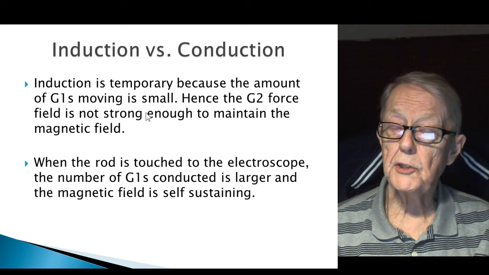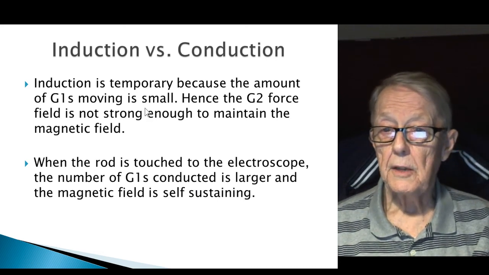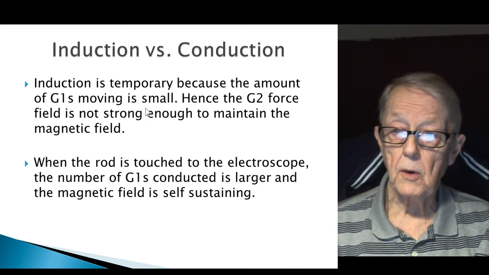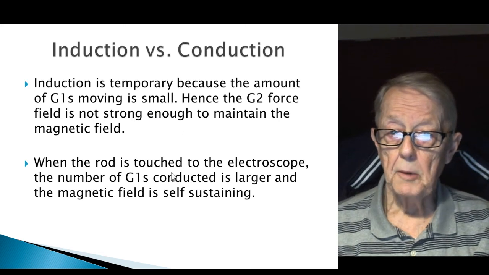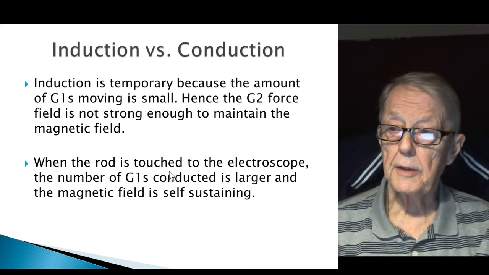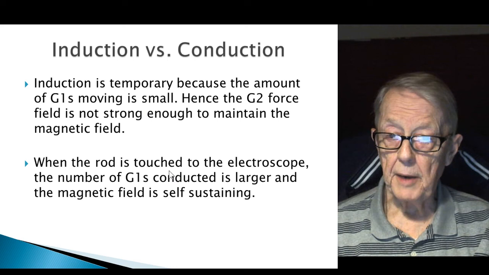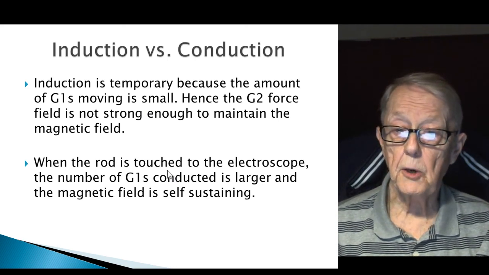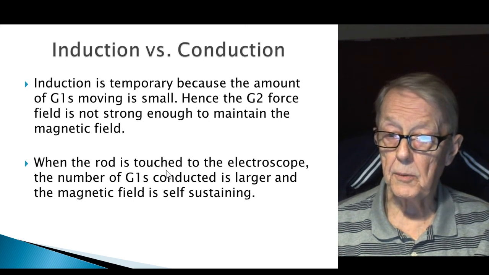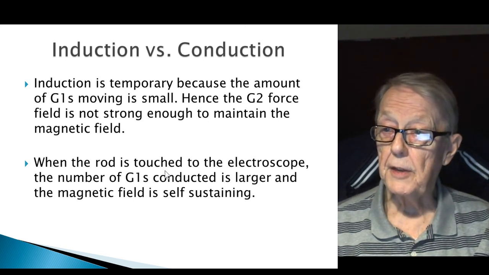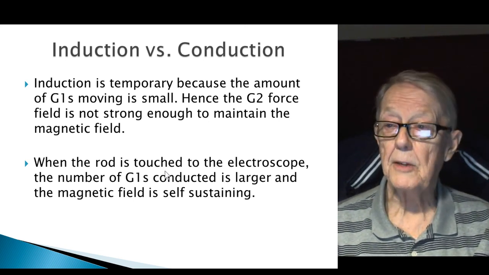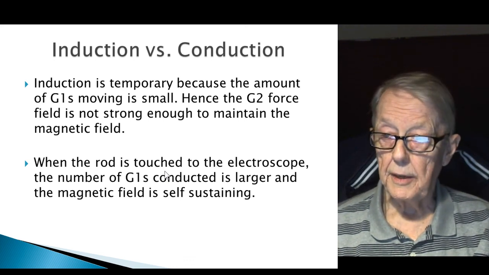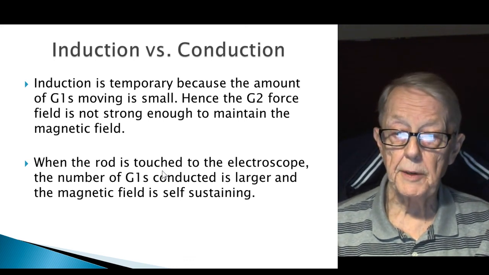So in induction, you come up close, the leaf deflects, you go away, it goes back. But when you touch it in the electroscope, the magnetic field is firmly established in the electroscope, and even though you take it away, there's enough of the magnetic field to keep the gold leaf separated.